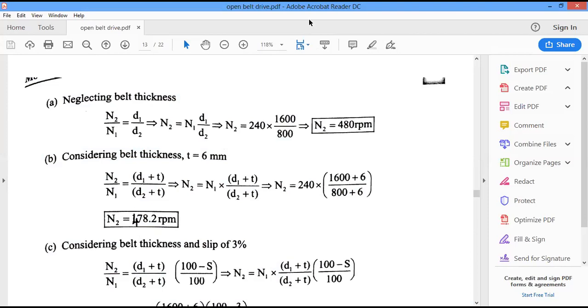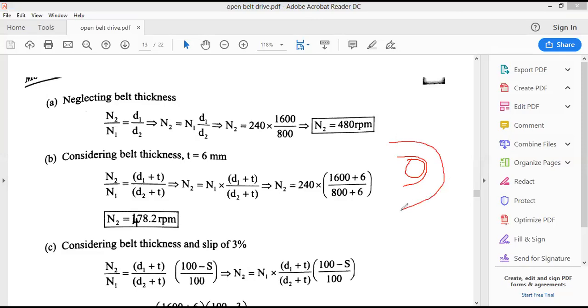It is a very simple thing. If I don't consider belt thickness, I get 480. If I consider such a big belt thickness, it becomes very difficult for the belt to bend, so the speed gradually goes down. 478 is less than 480.